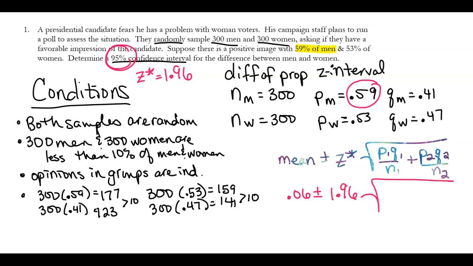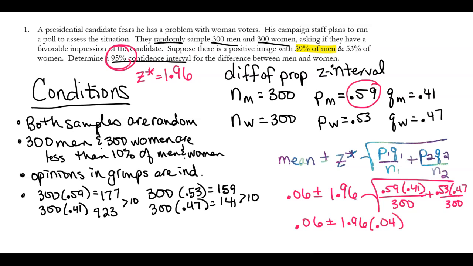And then we're going to type in all this. So 0.59, 0.41 over 300, 0.53, 0.47 over 300. And what you should get is 1.96 times 0.04.